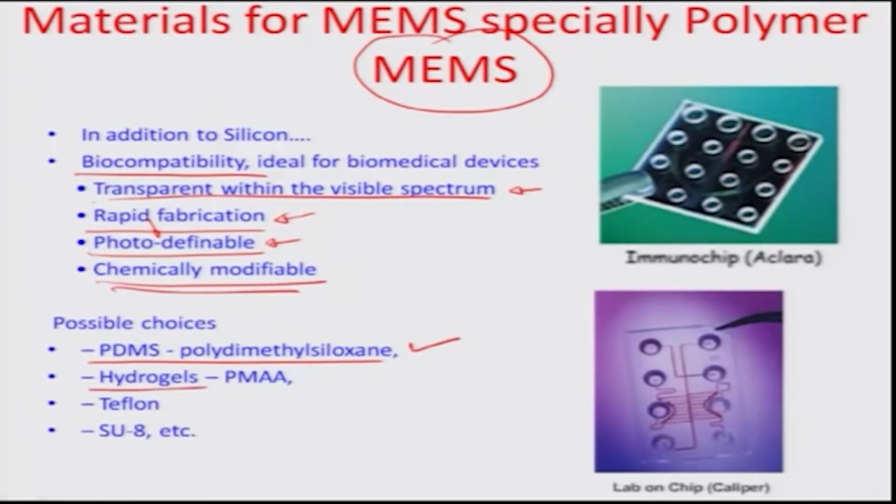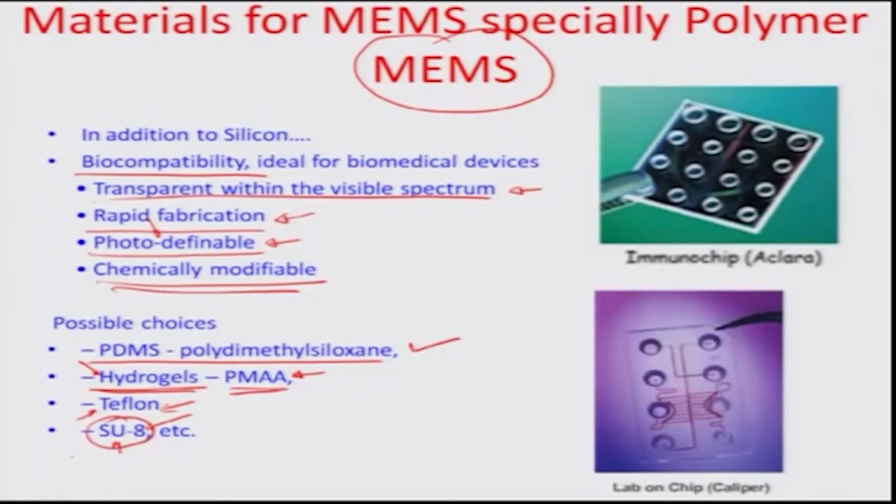Hydrogels are again very useful choices for supporting biological entities or in biomedical devices, and you can microstructure them very easily. PMMA, polymethyl methacrylate, is an e-beam resist, so you could write very small using this polymer. And some other materials like Teflon or SU8, where these are really the MEMS structures.